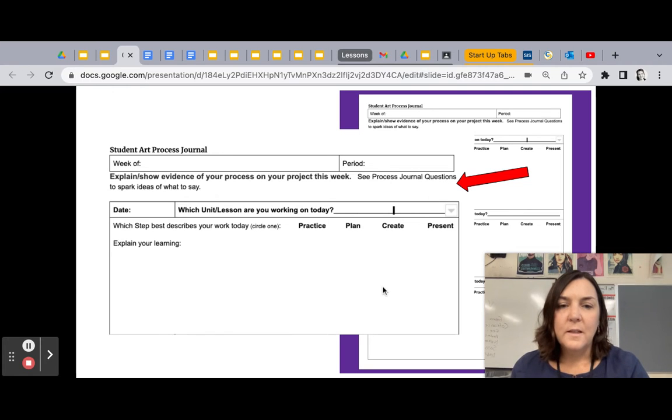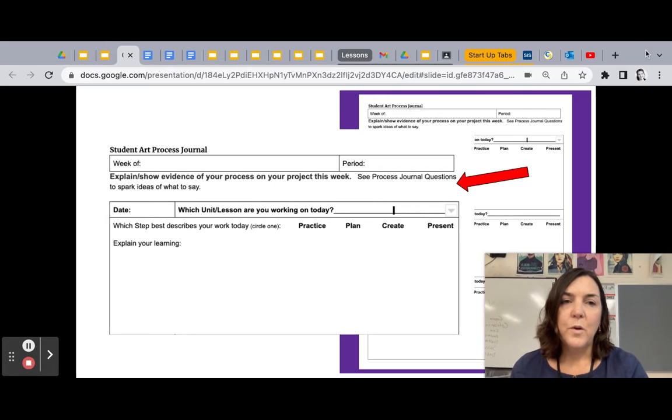So now that we know the basics, let's take a closer look at what you're being asked to record in each section. The week of and period gets filled out at the beginning of the week. For each date, you will record the date and which lesson you are working on in class that day. For example, if today is September 6th and you're working on this lesson, you would write Unit 0, Lesson 6 in this section.